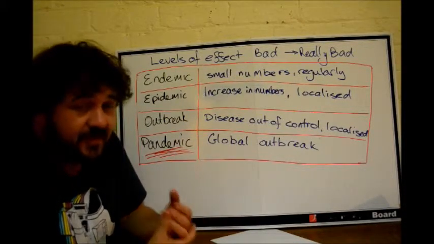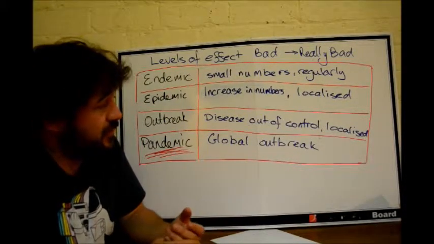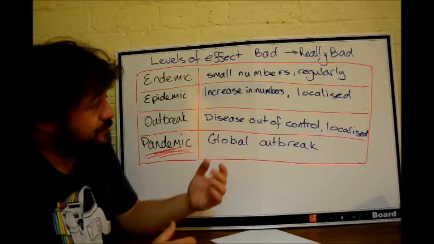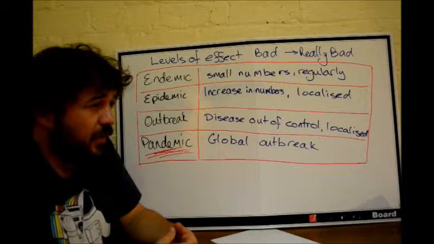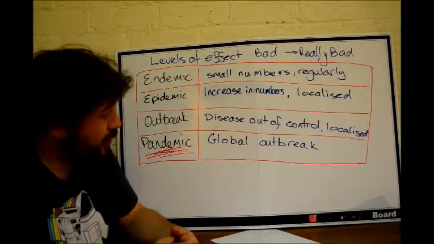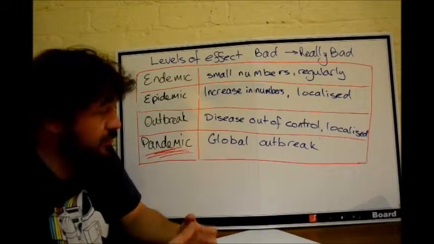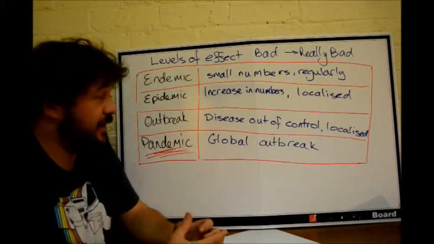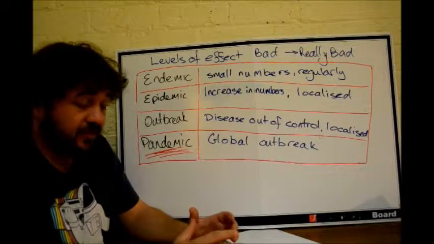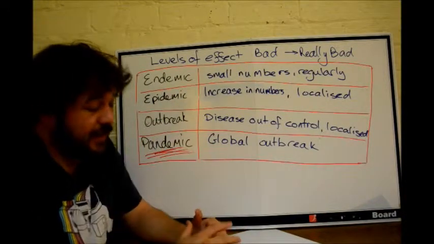There's now an epidemic of measles in the north coast of New South Wales, but it's localized. Now, we're not quite there, but when that disease gets out of control, but still localized, so still in that one area, we call it an outbreak. So an outbreak is the disease is now out of control, so the numbers are going up and up and up, but it's local.